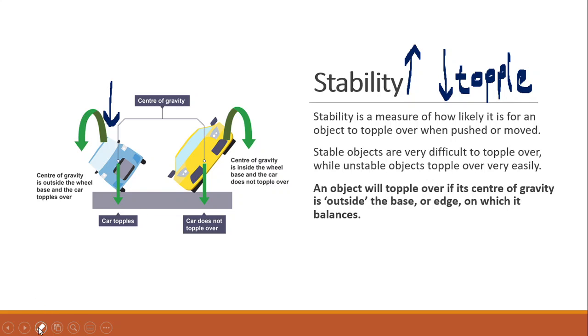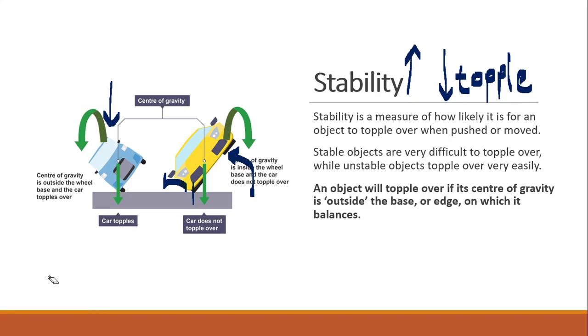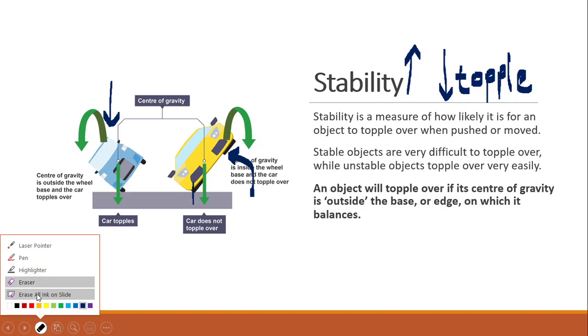However, in this case, initially the car was like this. This wheel probably was over here, and it went like this to this position, and it is balancing on this edge. And this green arrow is not on the left side of the pivot point or the balancing point.